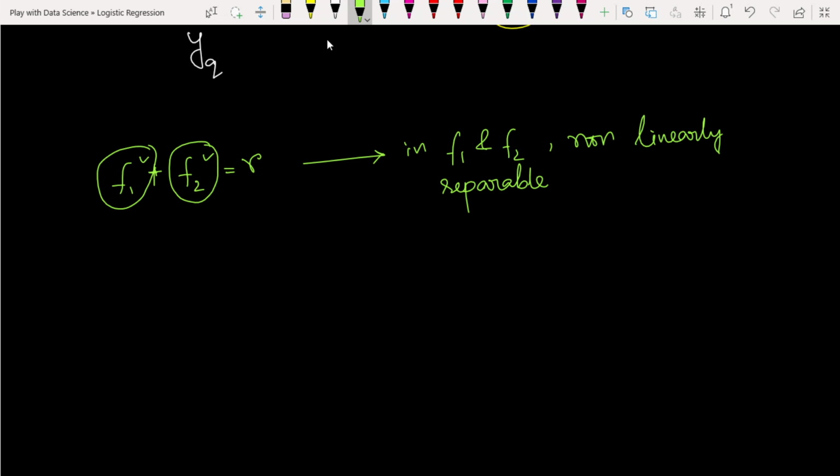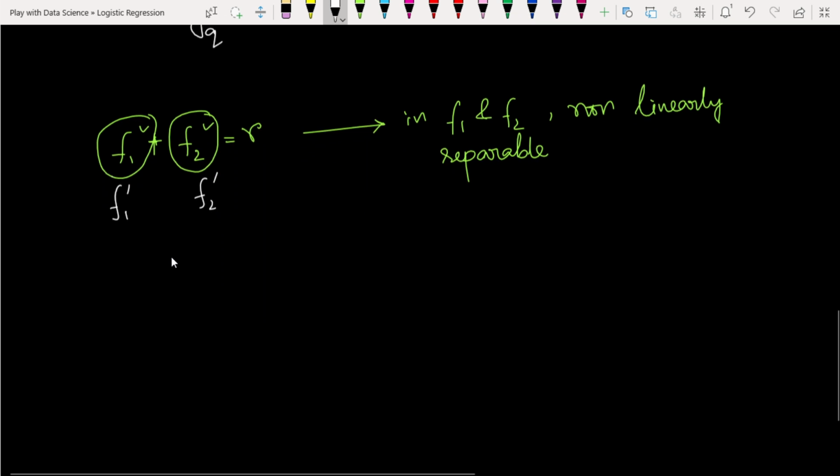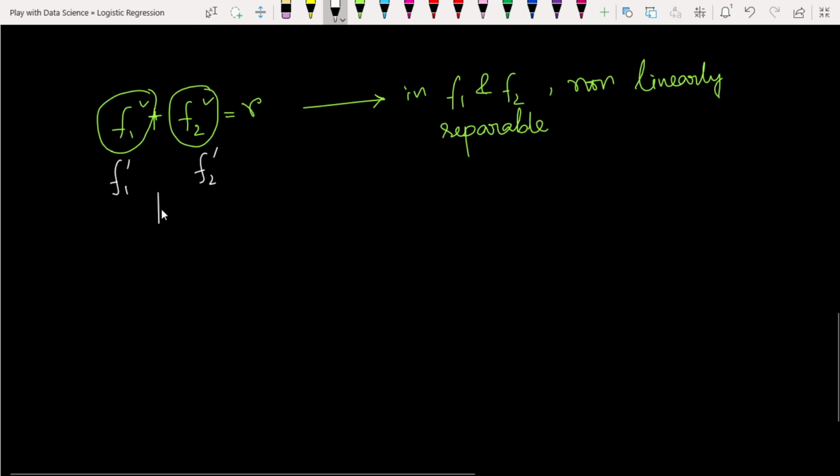If we call f1 square as f1 dash and f2 square as f2 dash, then the equation is converted to f1 dash plus f2 dash is equal to r.